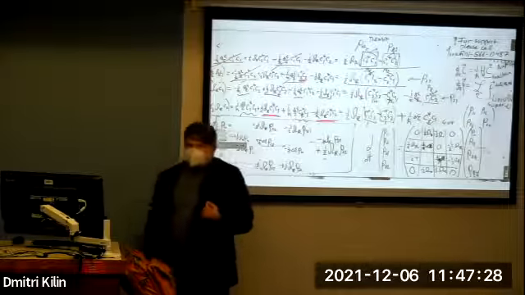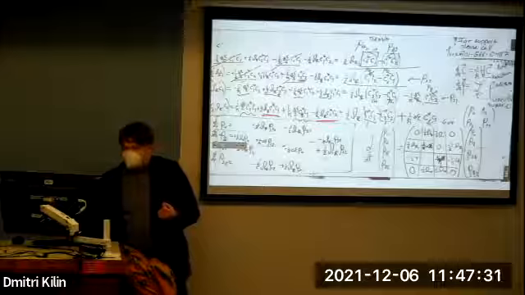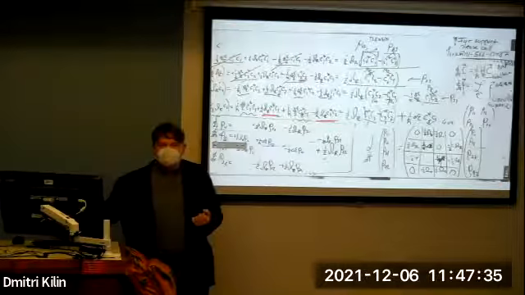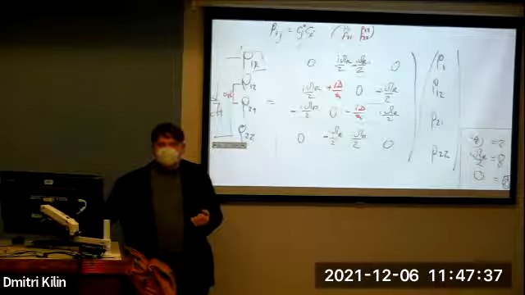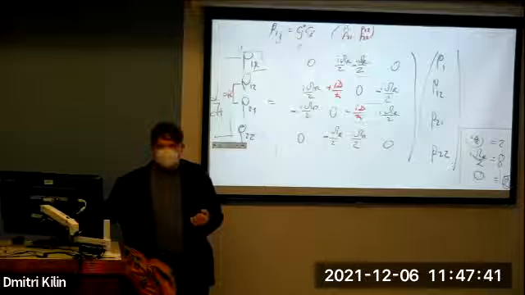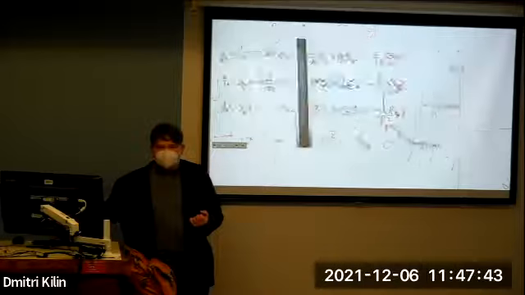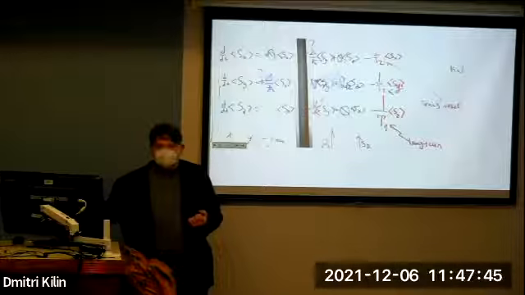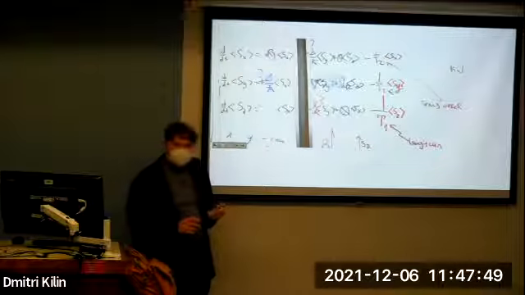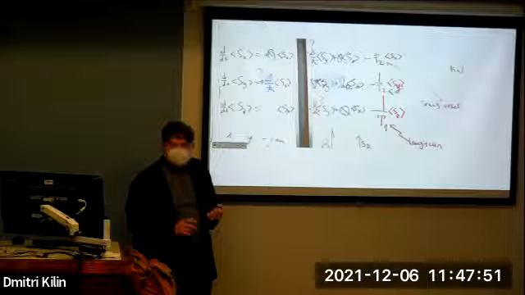So this equation can be relatively easily converted into equations of motion for spin projections. The combinations of elements of the density matrix naturally give expectation values of spin, the magnetic projections.